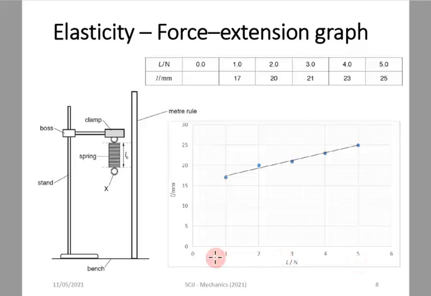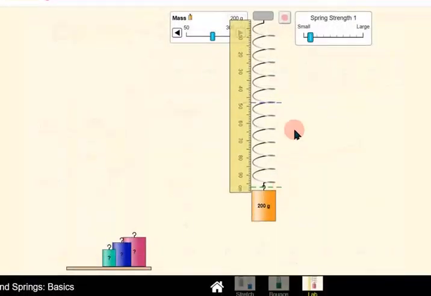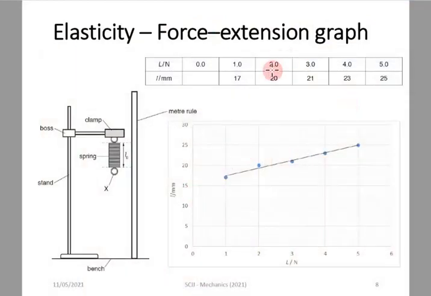For example, this particular graph is not from what we did here. It's an arbitrary value that I've given you from another experiment. So if we should remove all loads from the spring, what do you think will be the extension?